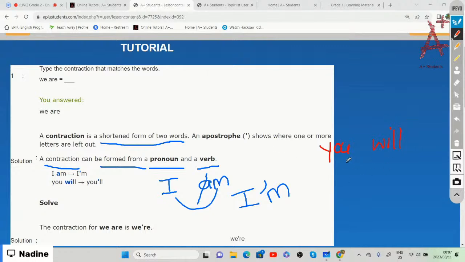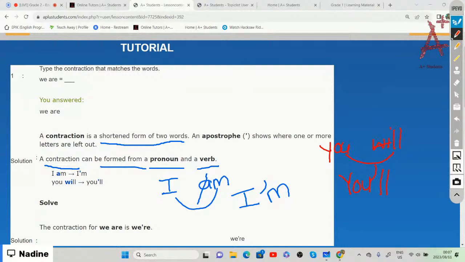So the shortened form of these two words is you'll. We leave the W and the I out, we put the apostrophe in that place, and we put the double L. So you will means you'll. So instead of saying you will have to buy potatoes, you can just say you'll have to buy potatoes.